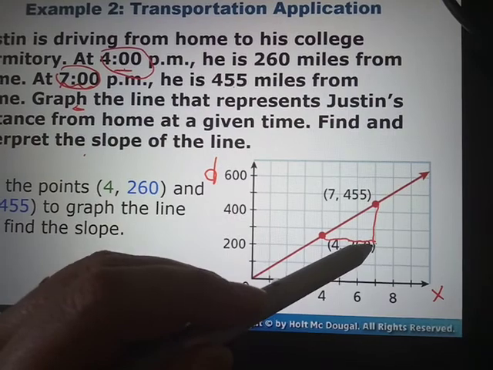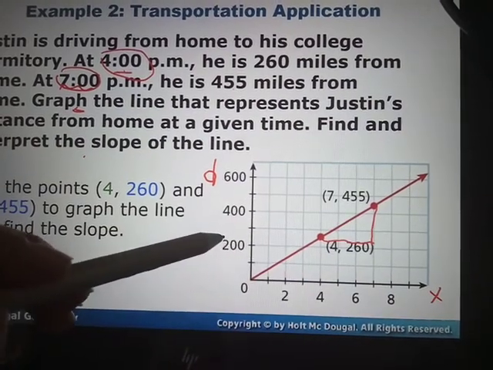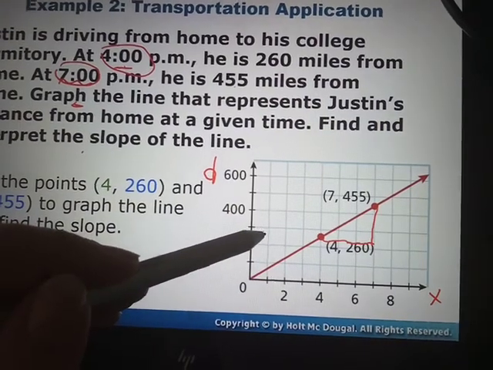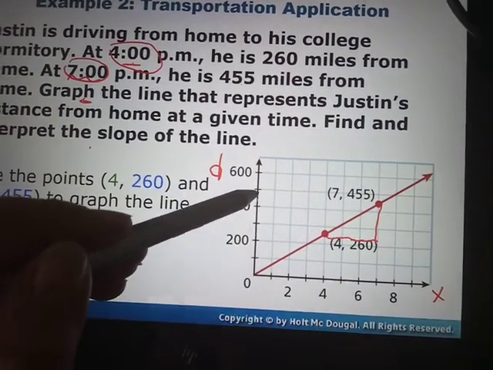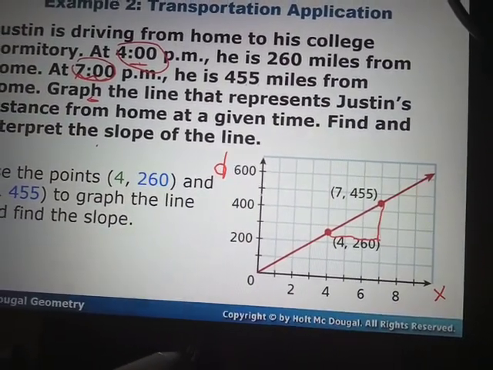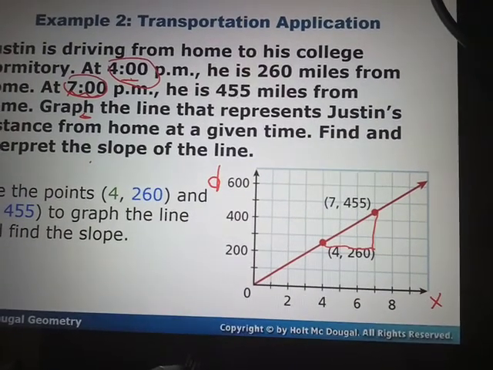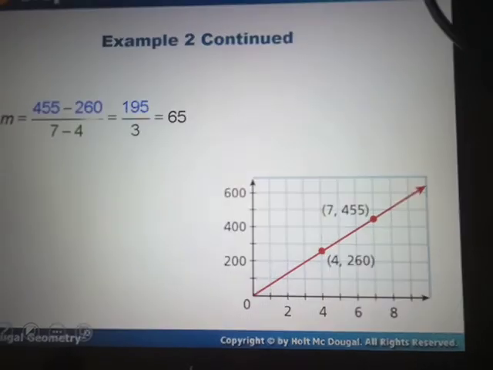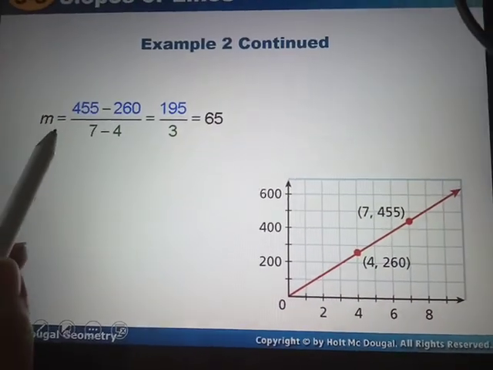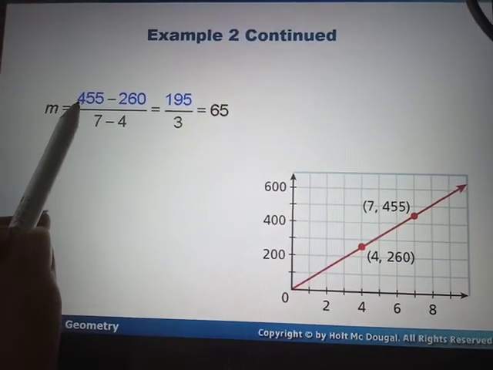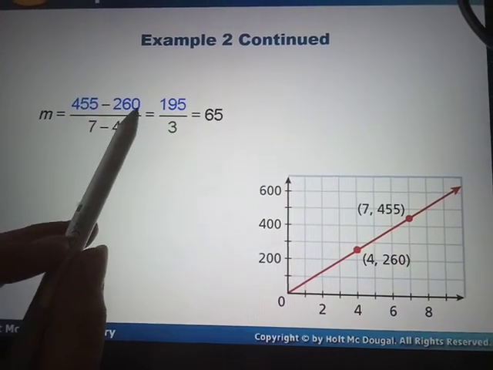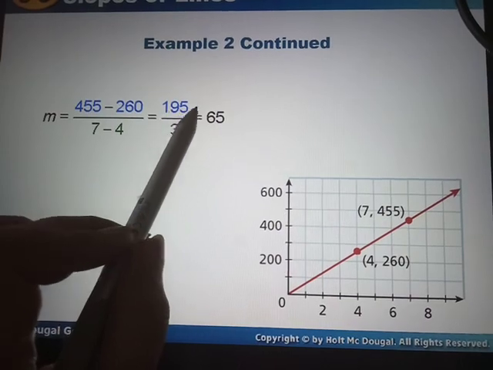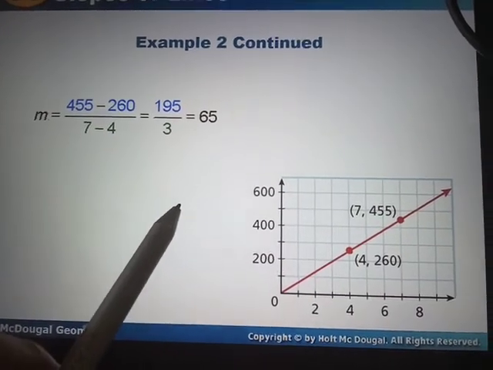And here, from 260 until 455. Okay, please don't forget to multiply by the scale. So the slope is 455 minus 260 divided by 7 minus 4, so 195 over 3, it will be 65.